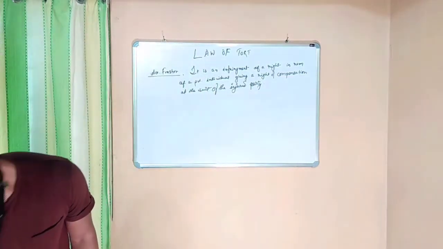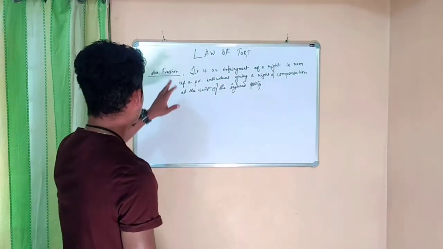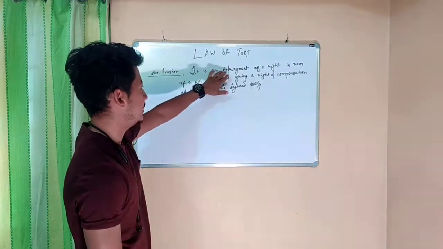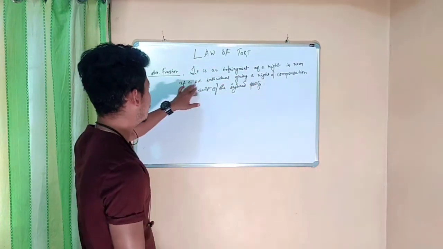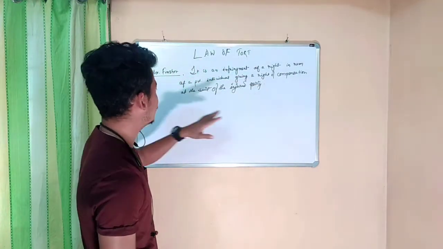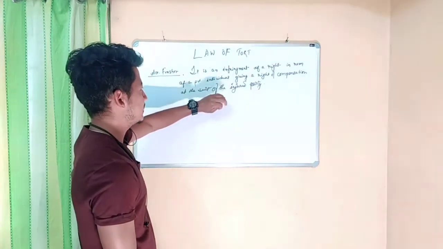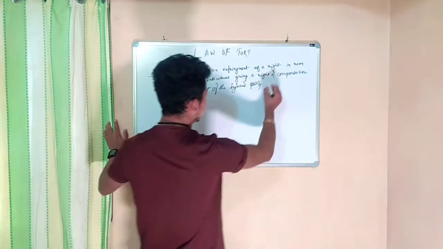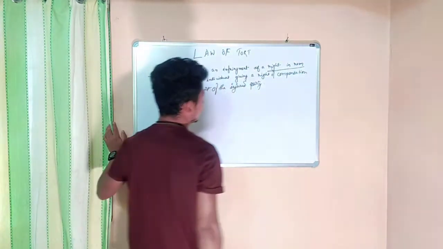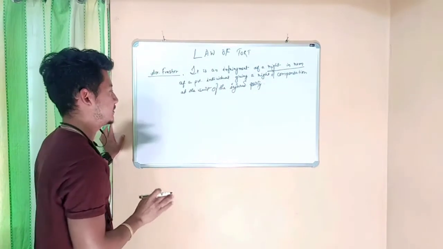Okay. So guys, see here, according to Fraser, it is an infringement of a right in rem of a private individual giving a right of compensation at the suit of the injured party. So let's understand. There is a very important term, right in rem. We need to understand this first.